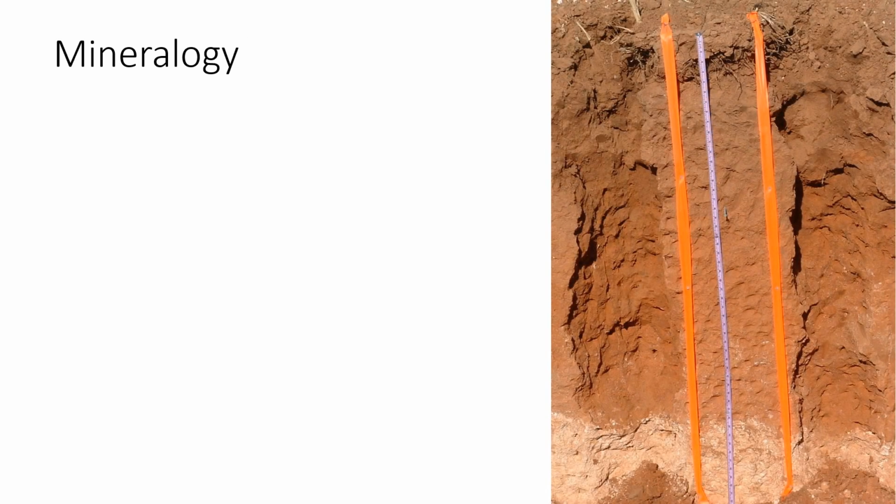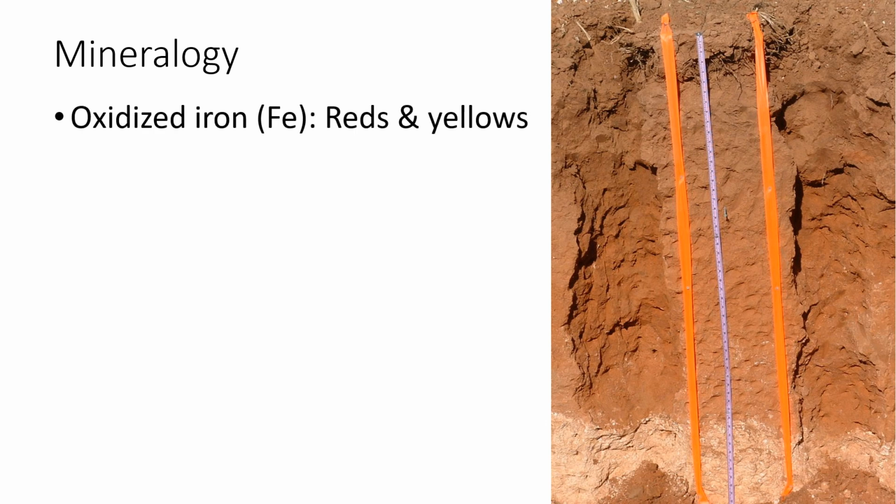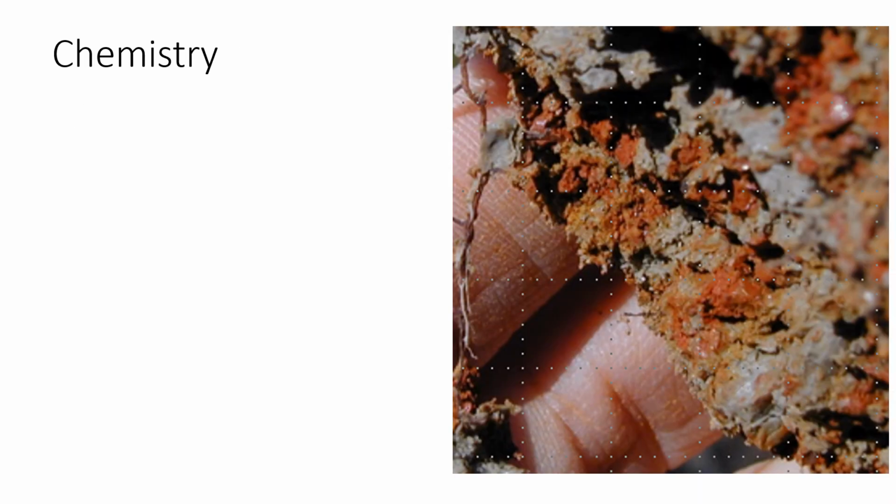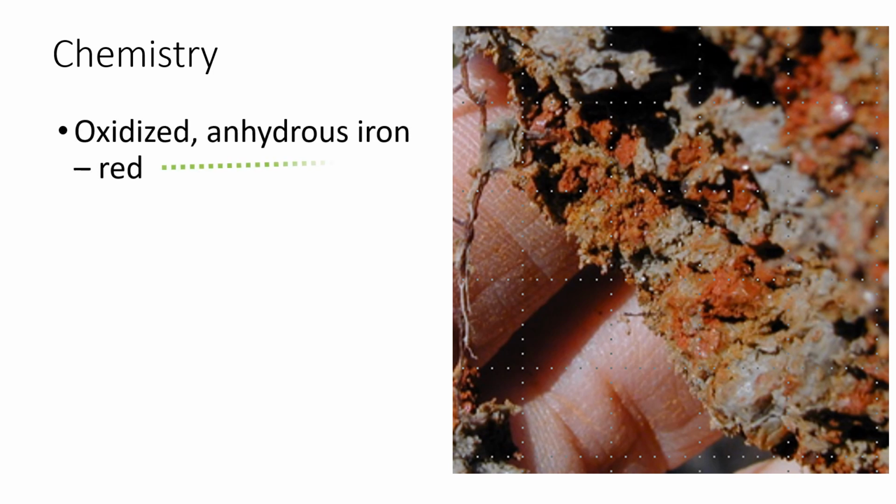Another thing that the color will tell us is about mineralogy. So these bright orange and red and yellow colors are about oxidized iron, not about clay. And these pinkish colors at the bottom are calcium carbonates. They can tell us about chemistry.